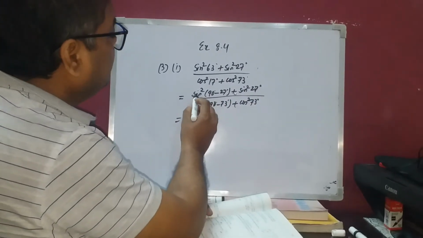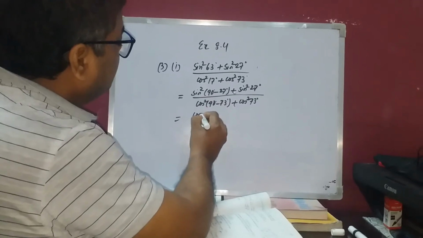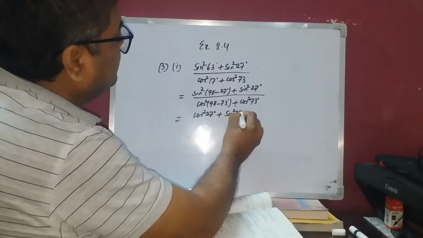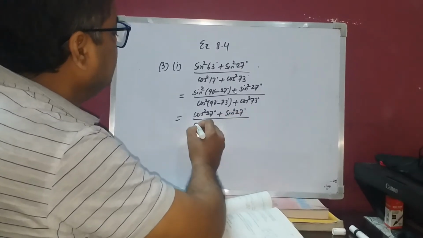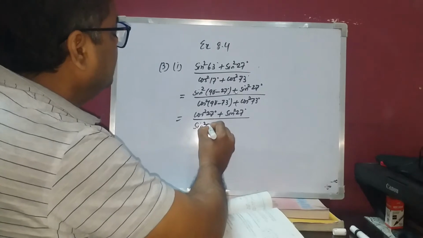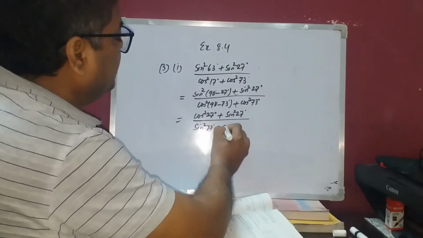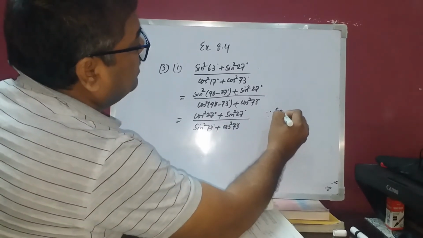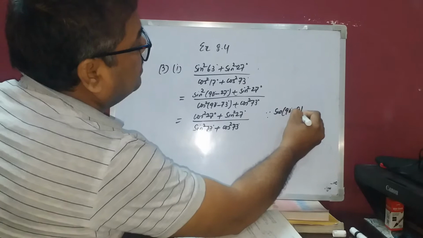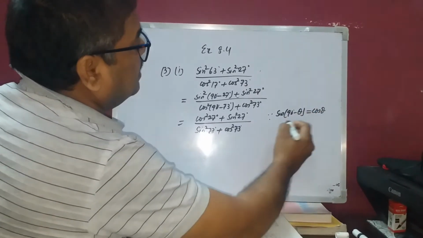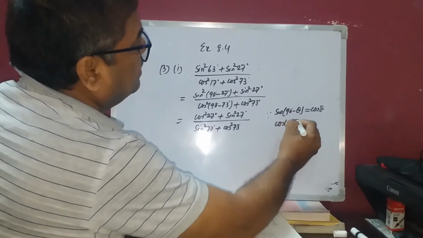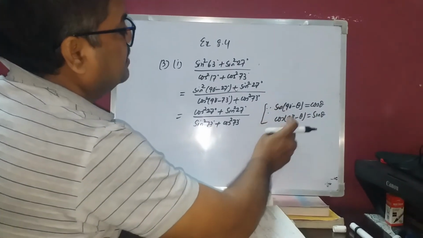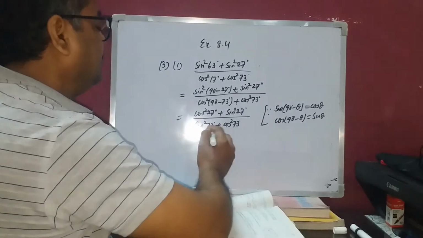And this becomes cos square 27 degree plus sin square 27 degree upon sin square 73 degree plus cos square 73 degree, since sin of 90 degree minus theta equals cos theta and cos of 90 degree minus theta equals sin theta. This is the complementary angle formula.